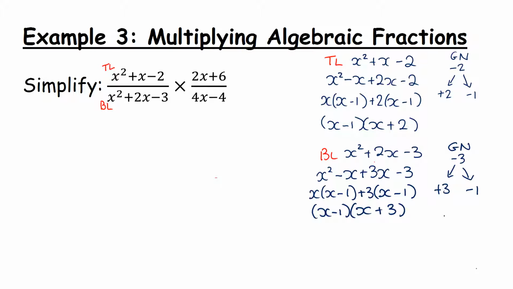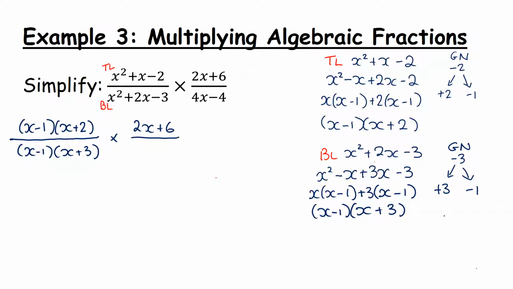So now let's put it back together. Here I have an x minus 1 and an x plus 2 all over an x minus 1 and an x plus 3. And I'm going to be multiplying that by, apologies, 2x plus 6 over 4x minus 4.